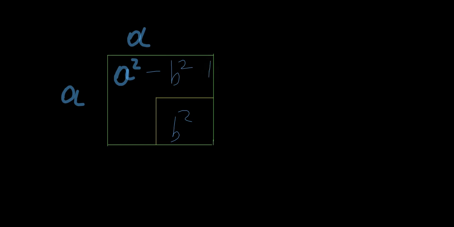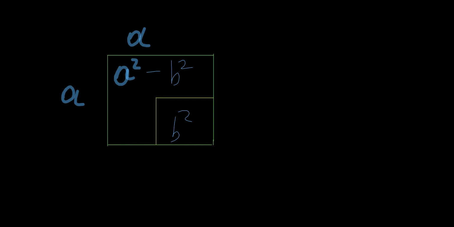So to find the area of that, we subtract the b square from everything, and we have that little space there.